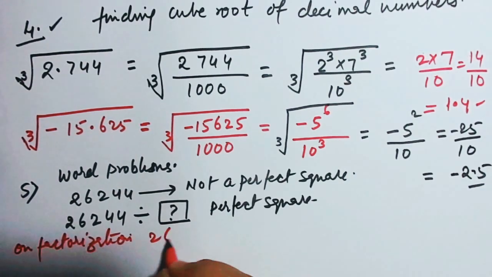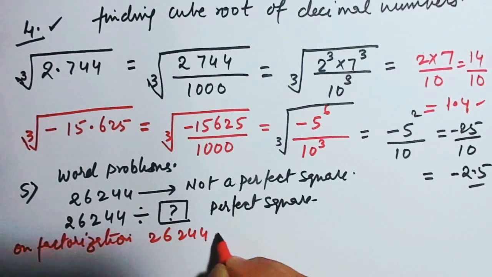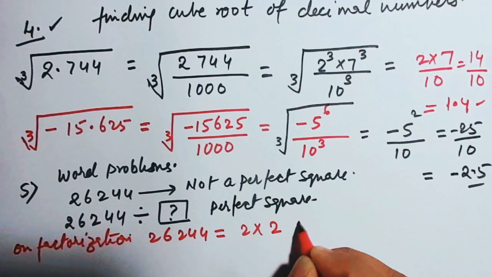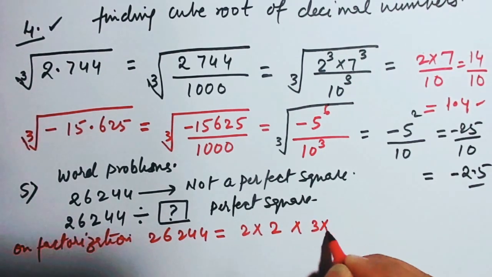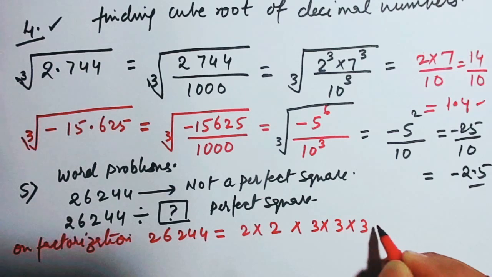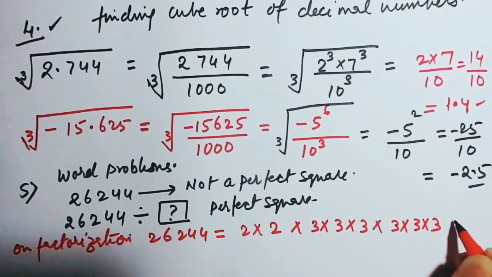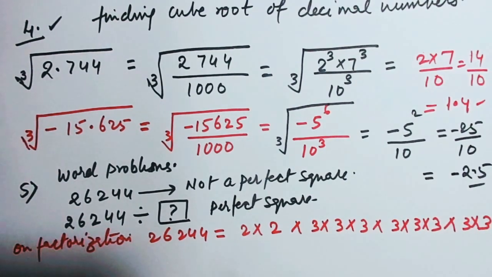26244 will give you 2 times 2, multiplied by 3 times 3 times 3, multiplied by 3 times 3 times 3, multiplied by 3 times 3. So when you factorize, you will get this.